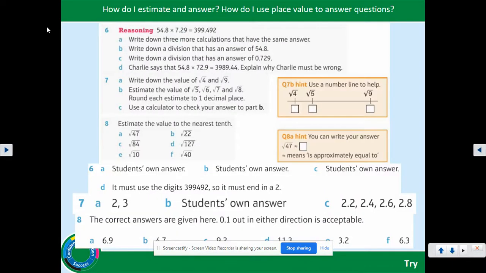Okay, answer on the screen. I'm going to get the split screen up now so that I can go through some of the solutions with you.